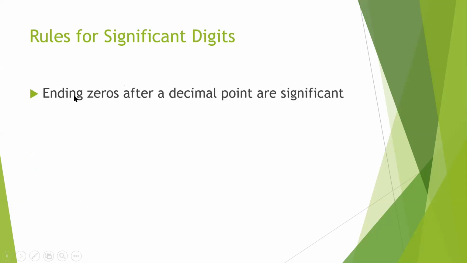So now we're going to clarify the ending 0 rules, because ending zeros are kind of harder. Ending zeros after a decimal point are significant. So how many significant figures do you think are in this example, 90.0 centimeters?